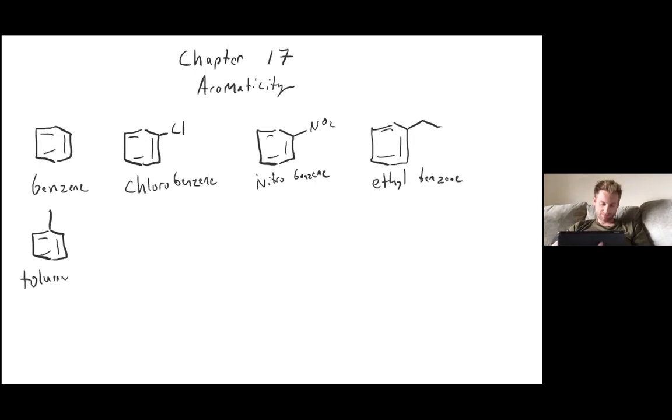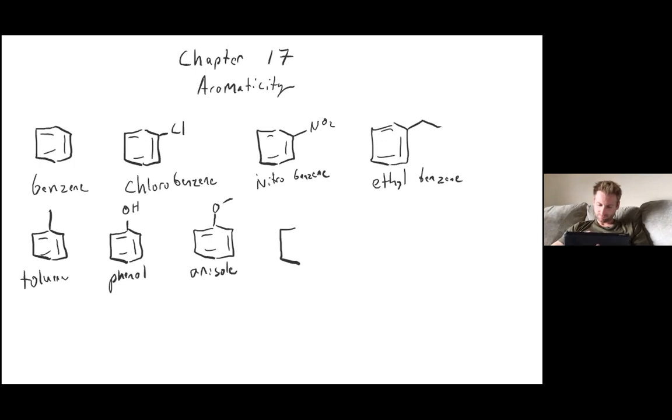If we have an OH, this is phenol. A methyl ether is anisole. This one's probably one that we're not going to talk about much. NH2 is aniline.